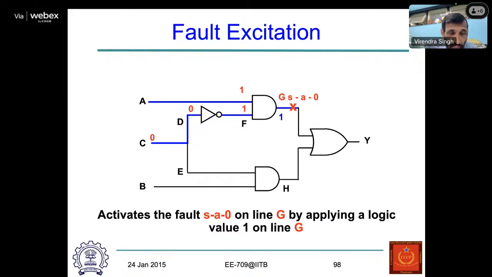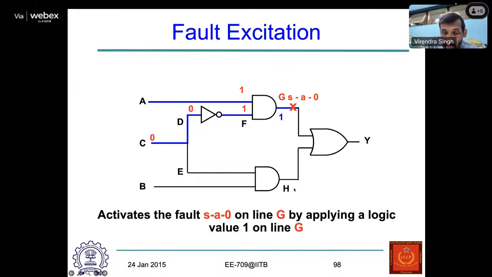Now if I apply 0 to C and 1 to A, I can get 1 at G, but I cannot observe the value from G. Therefore, you have to transfer the output of gate G to the primary output, that is Y. To get it at the primary output, I need H equal to 0, because if H is equal to 1, then output Y is always 1.